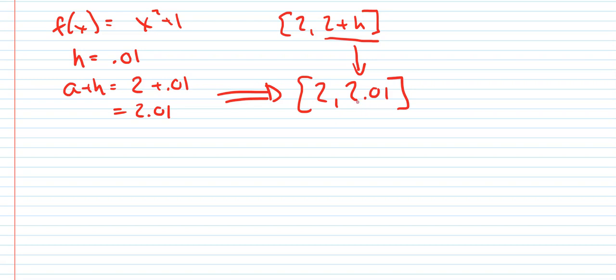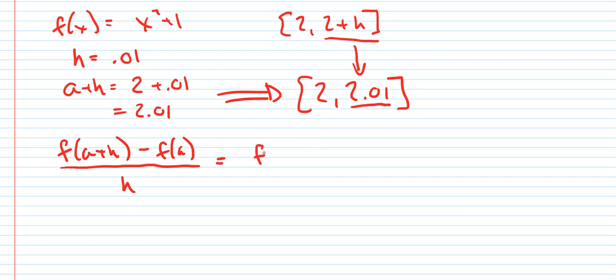Okay, so if we want to find the average rate of change between these 2 points using the difference quotient, let's write the formula down. F of a plus h minus f of a over h. Well, this means that the function value at a plus h is going to be the function value at 2.01 minus the function value at a, which would be f of 2.